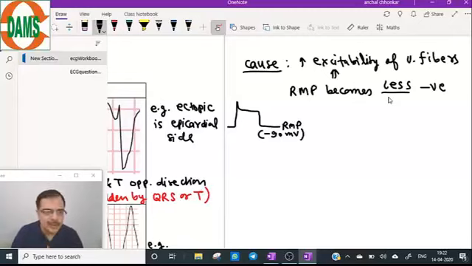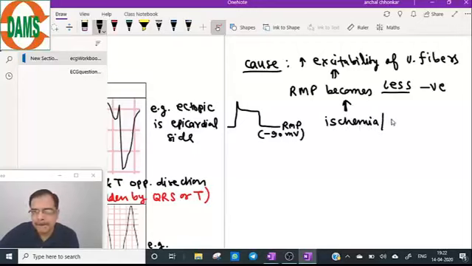There are two important reasons for that, and those reasons are the etiology. Those etiologies are ischemia or infarction, and hyperkalemia. Two important conditions.